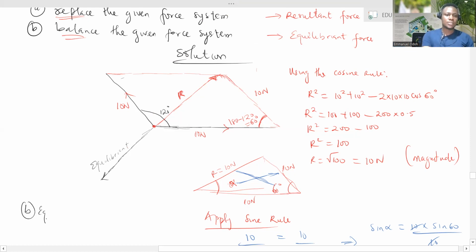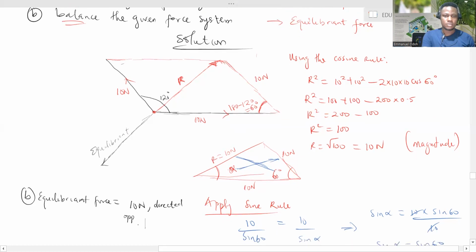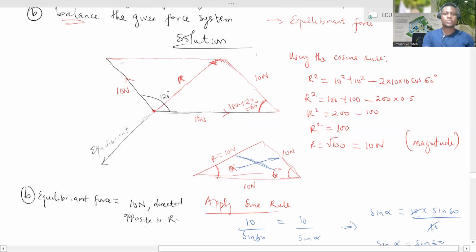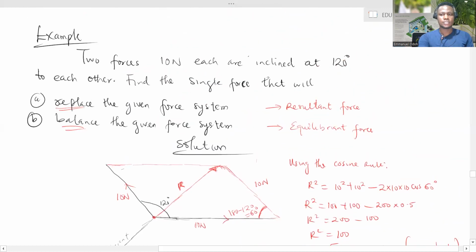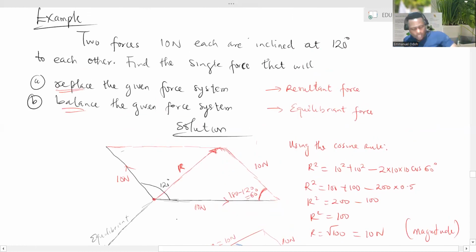So for B, our equilibriant force will have the magnitude of R, still 10 Newton, but the direction will be opposite to the resultant R. So we've been able to affirm this process.